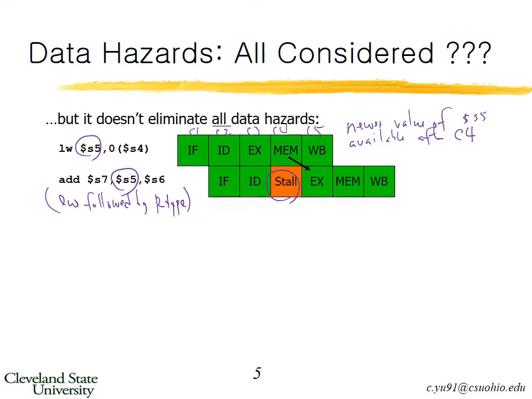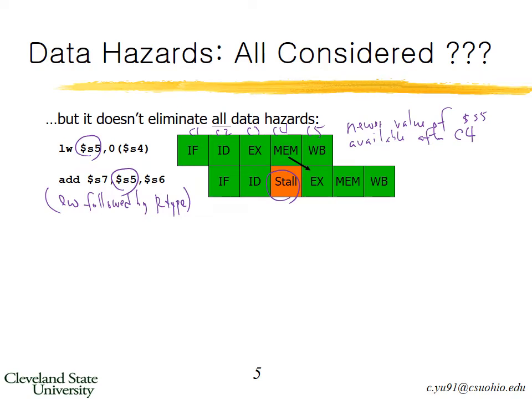So the question is, is the data hazard all resolved by data forwarding or data feedback? The answer is unfortunately no. This is an example where the load word instruction is followed by an addition instruction, and there is a data conflict on register S5.